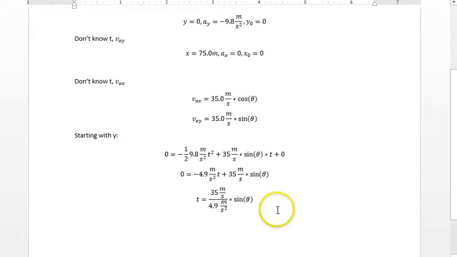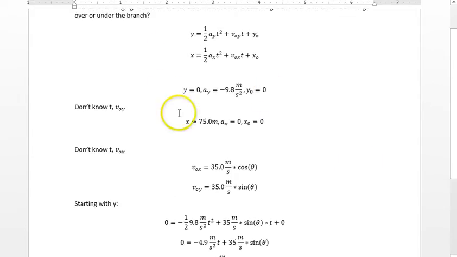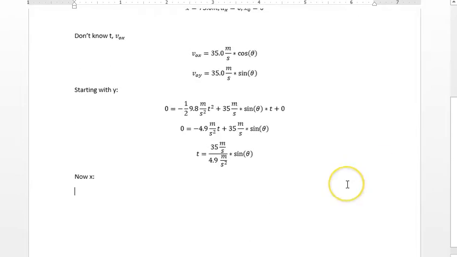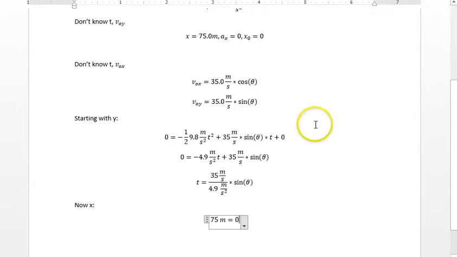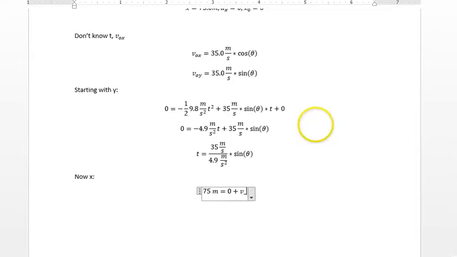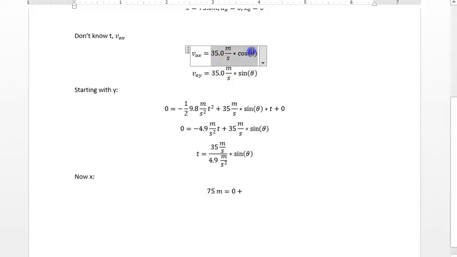Okay, so we've got an expression for t. Now let's take a look at x. Let's stick everything we know about x into the x equation. So it gets simple pretty quick. 75 meters equals, there's no term due to acceleration, so that's 0 because the acceleration is 0, plus v naught x times time. And v naught x is 35 cosine of theta.